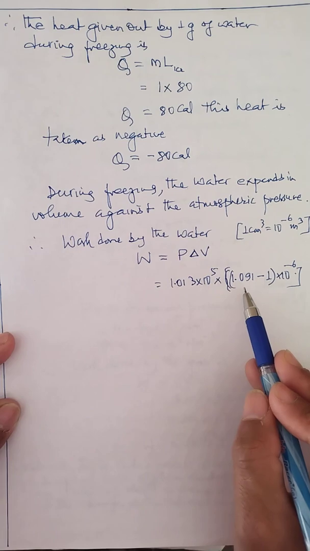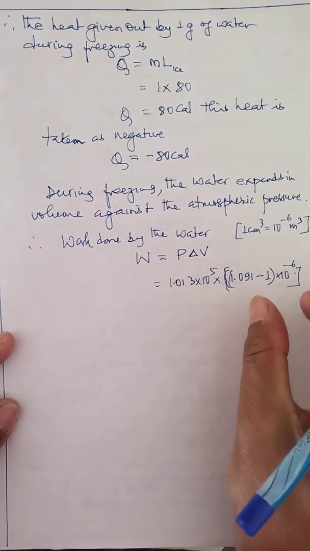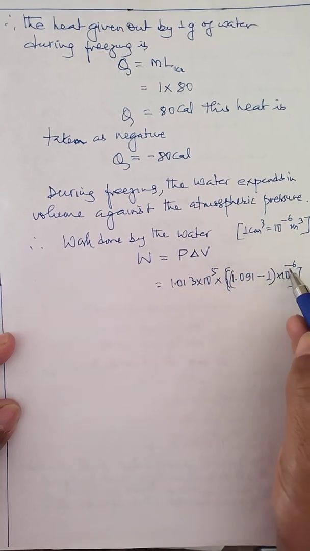So the change in volume should be in meter cube. That's why I multiply by 10 to the minus 6.